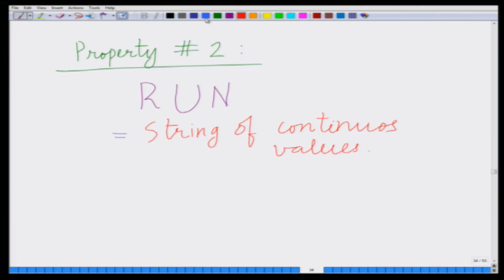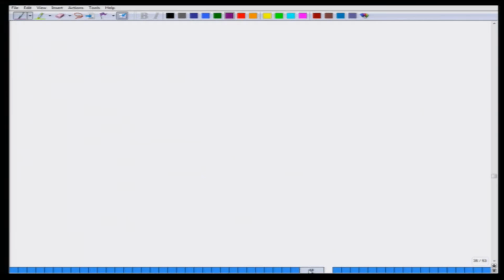Okay, so let us look again at our PN sequence. Our PN sequence is minus 1, minus 1, minus 1, minus 1, followed by 1, 1, 1, followed by minus 1, 1, 1, minus 1, minus 1, 1, minus 1, 1.